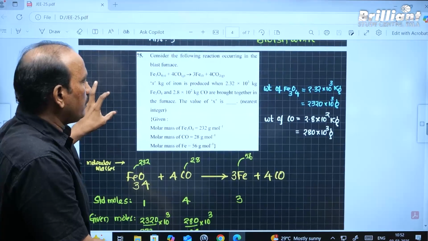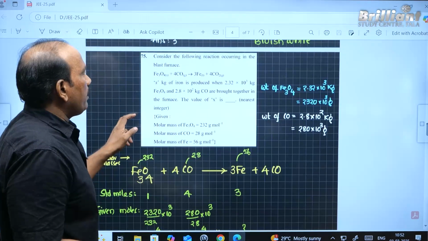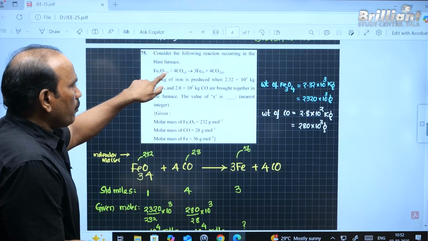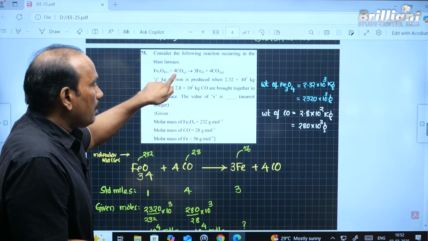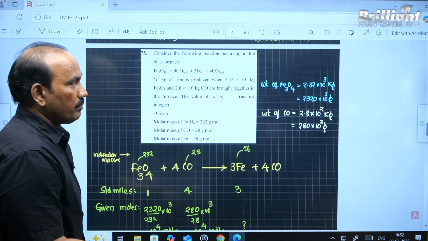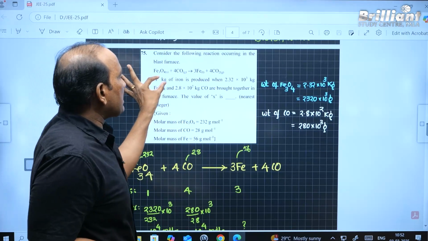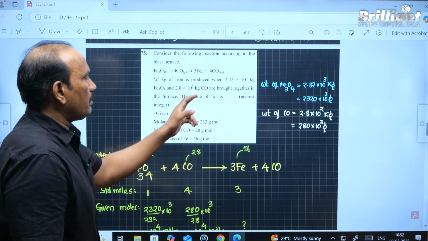Question 75. This is a heavy calculation question. Fe3O4 is treated with CO to form Fe metal and CO2. X grams of iron is formed.